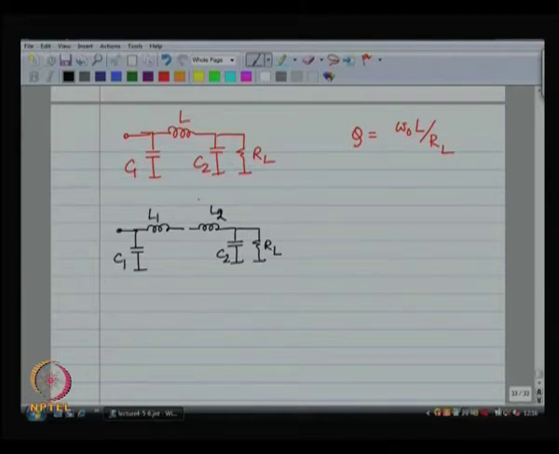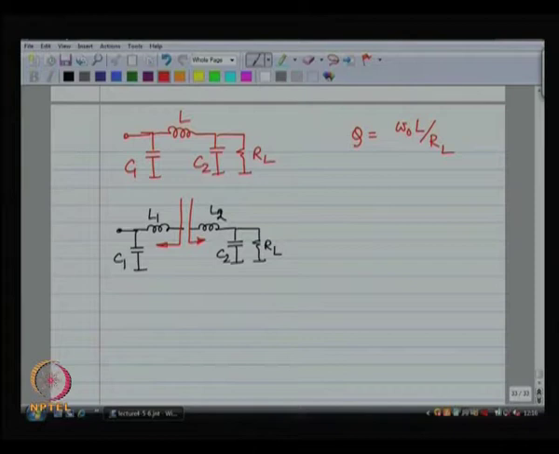So, the Q looking into the right side is something, the Q looking into the left side is something.